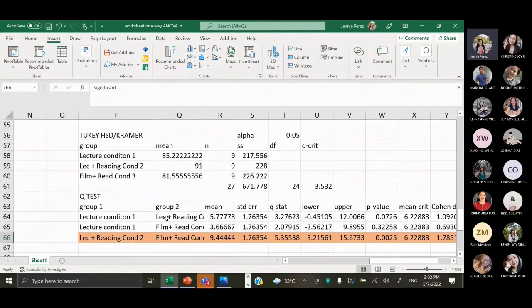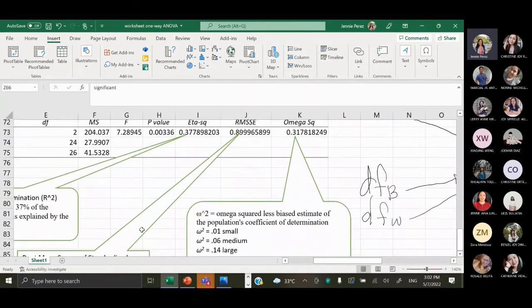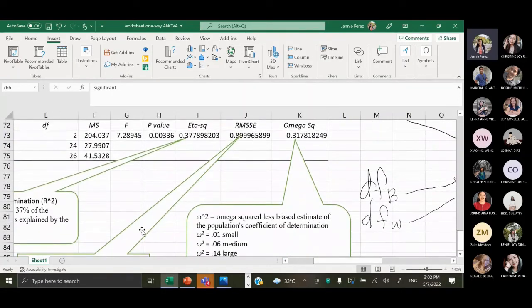You use this if your sample sizes are equal. So the sample sizes of our groups are the same, so we use Tukey HSD. Now for the effect size. The effect size again will tell you how big the difference is.